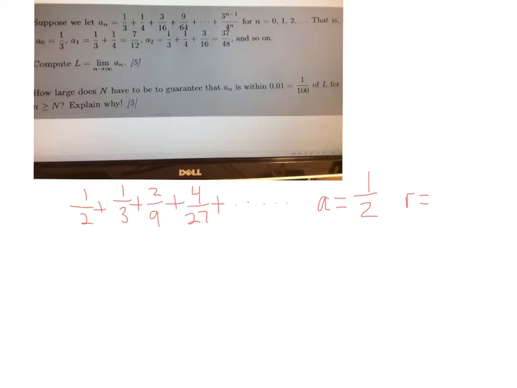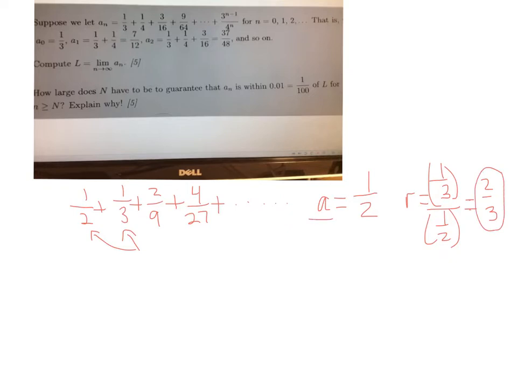A quick way to find that is to take the second term and divide it by the first term. So if I have 1/3 and I divide that by 1/2, when dividing fractions we multiply by reciprocals, and you'll be able to see that it's a 2/3 common ratio here.